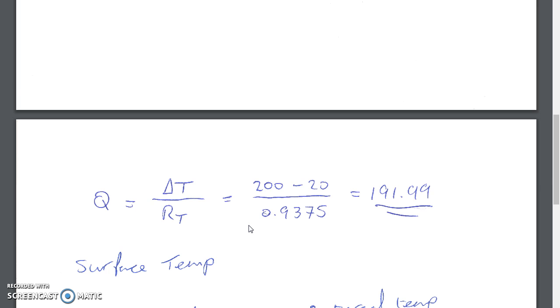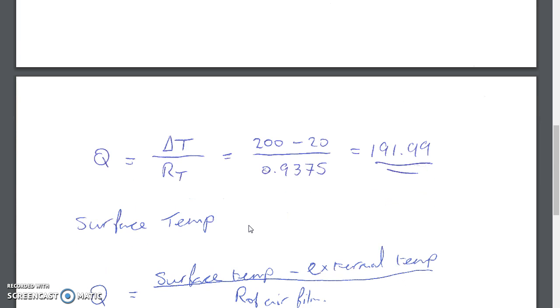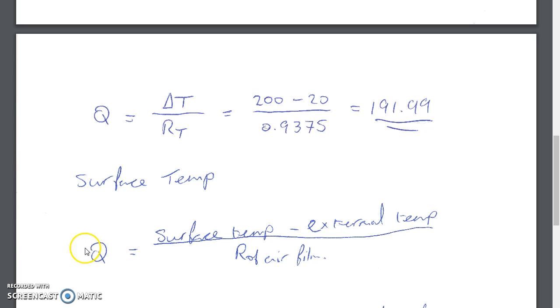Now it's not at 20 degrees because that's the air temperature, so the formula we're going to use here is energy, heat energy, is equal to the surface temperature minus the external temperature, over the thermal resistance of the air film. Well, the external temperature is 20 degrees, we already know that. The surface temperature is what we're looking for.